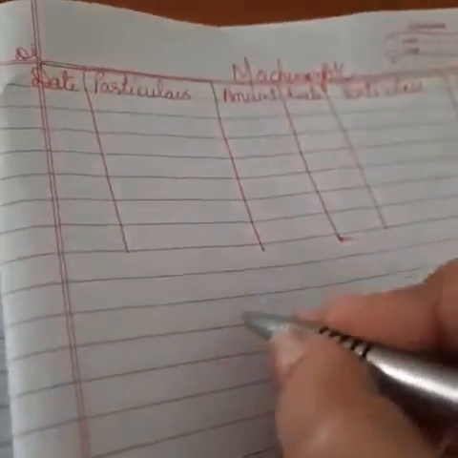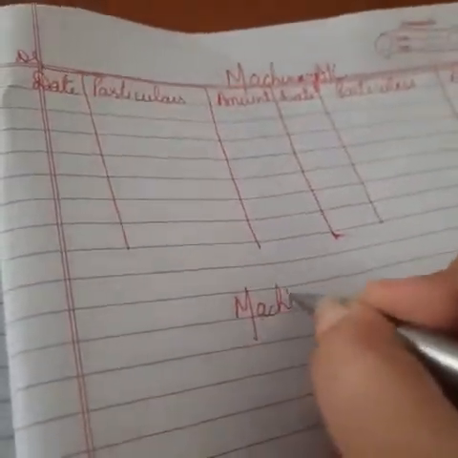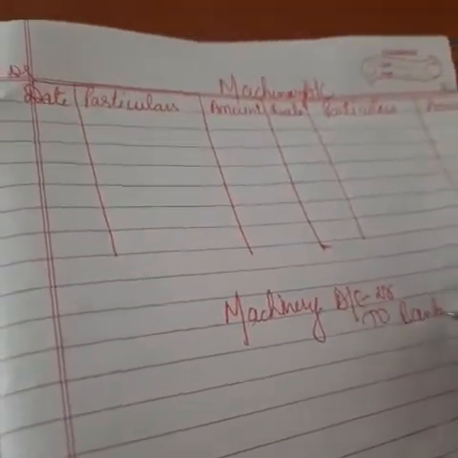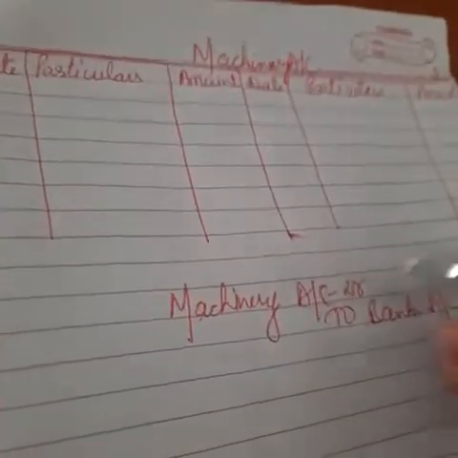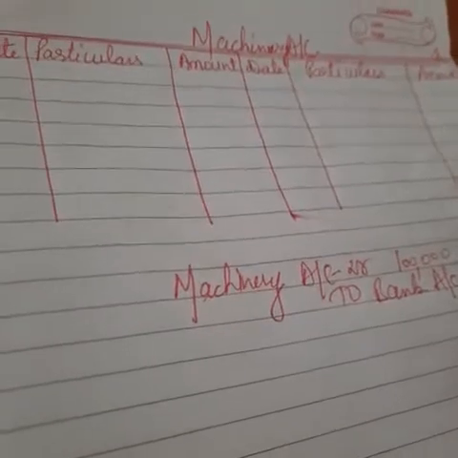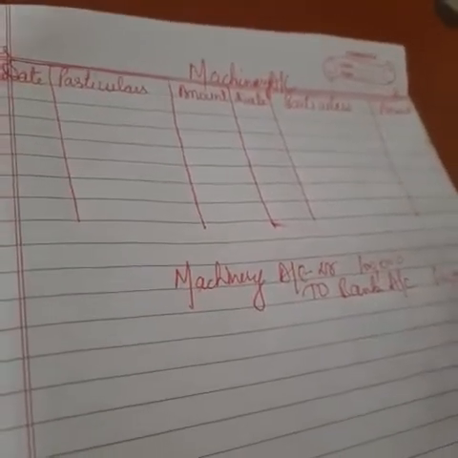Now see, you all know that whenever we purchase any fixed asset, then what is the journal entry that we pass? That is machinery account debit to bank or cash, right? So this is the journal entry that we generally pass with the amount given. Suppose it is 1 lakh that we have now just calculated after adding all the expenses.